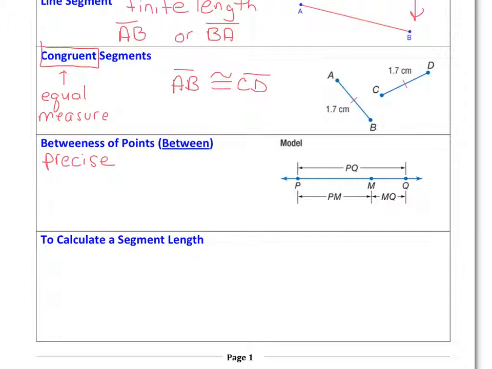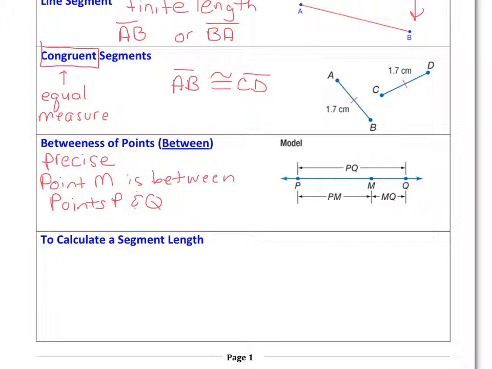So if you look over here in the diagram, we could say that this point M is between points P and Q. So what does that mean? First of all, I'm going to write this out. Point M is between points P and Q. And what does that mean?